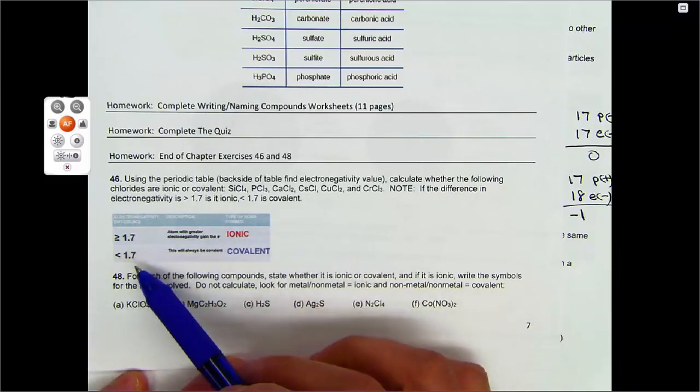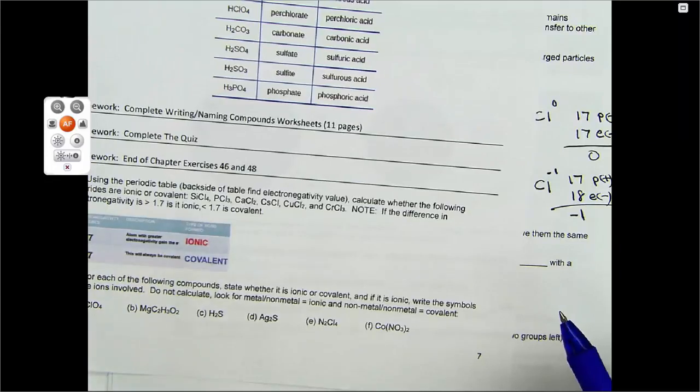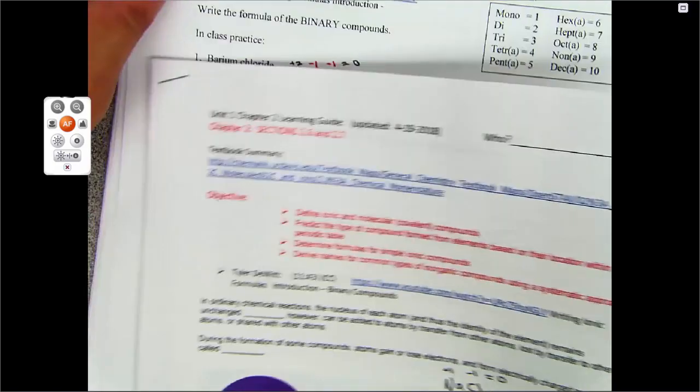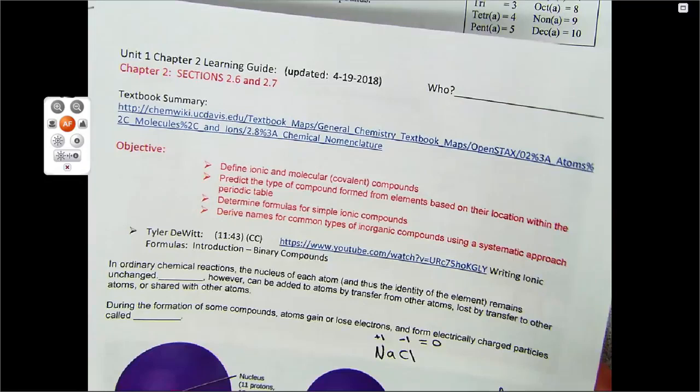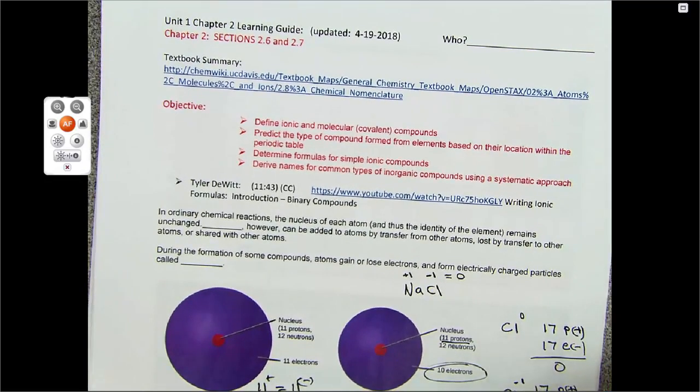If it is less than 1.7, the compound is covalent. But if you have a metal with a non-metal, we know it's going to be ionic, and two non-metals together will be covalent. Okay, so that's an introduction to this unit.